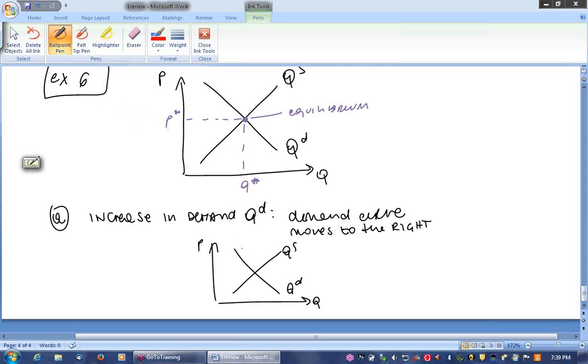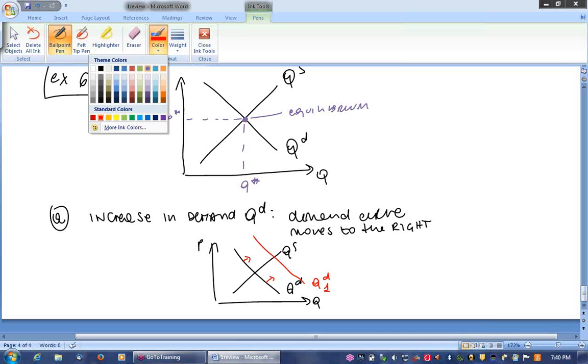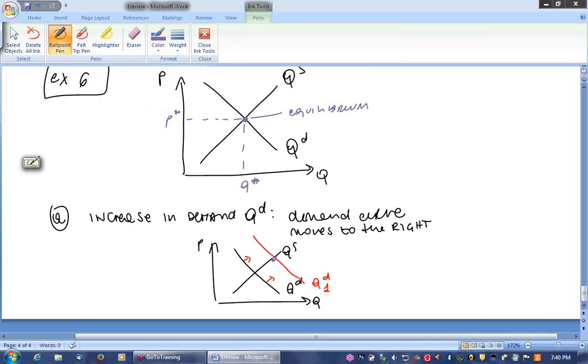That means a new demand function, Q1, so that the new equilibrium price and quantity is now where the two cross, so that as you can see, price and quantity increased.